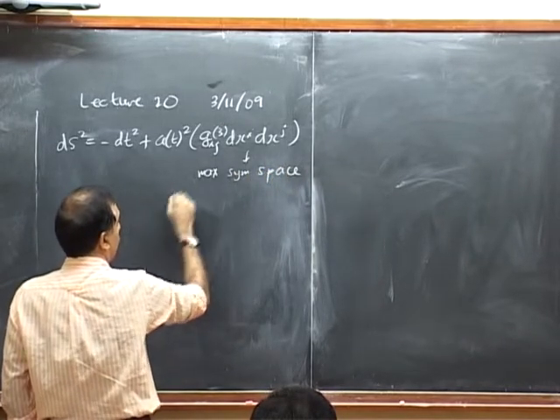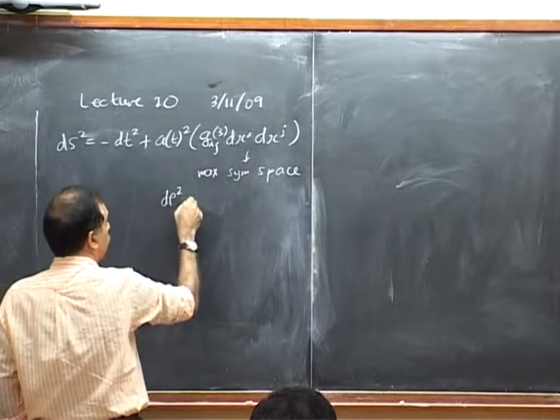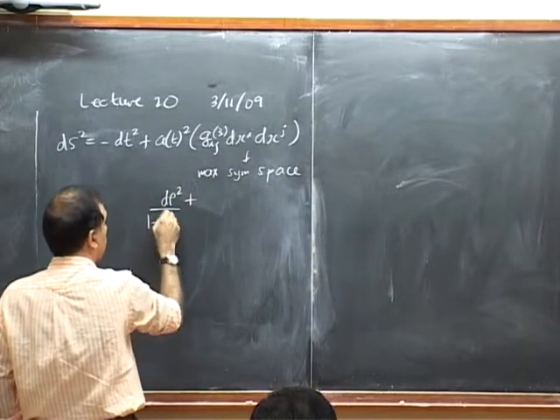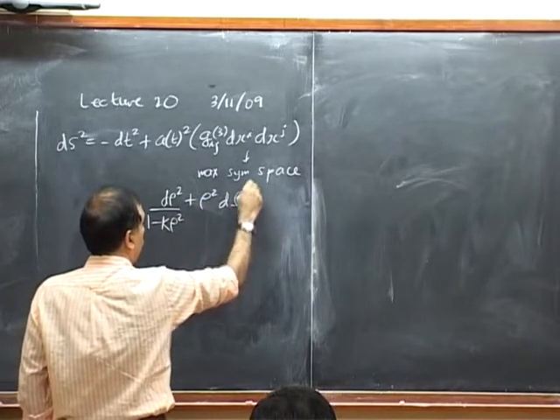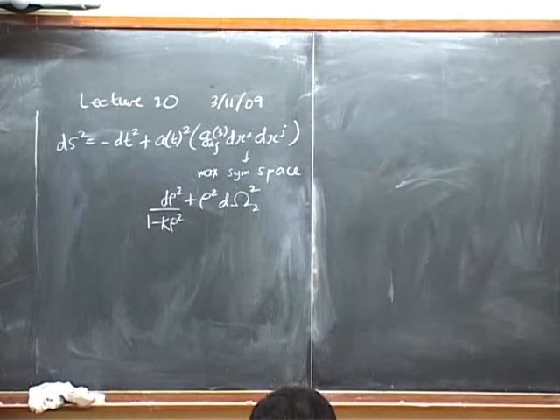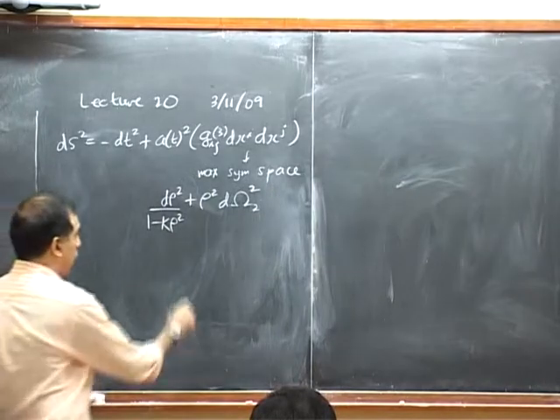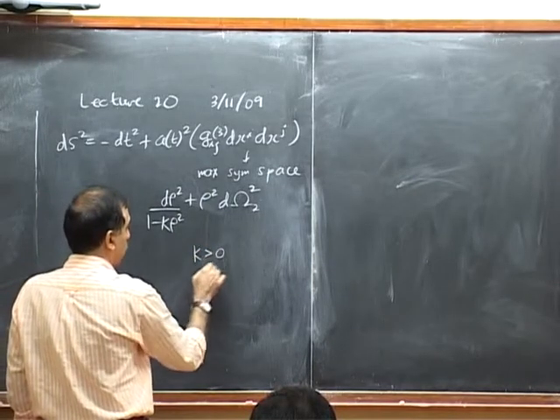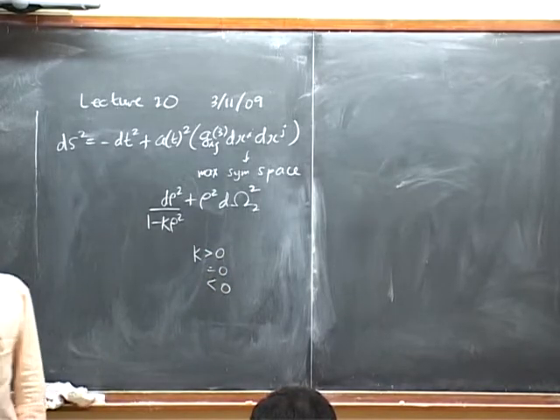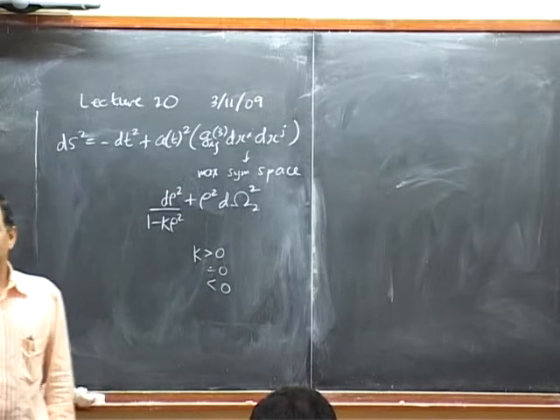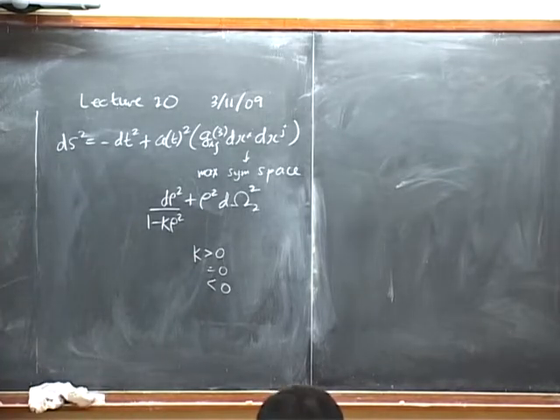You can write it as d rho squared over 1 minus k rho squared plus rho squared d omega 2 squared. So there's no mystery in this maximally symmetric space, and k is positive or 0 or negative. It can be scaled to the values plus 1, 0 or minus 1, and that's the situation we have here.